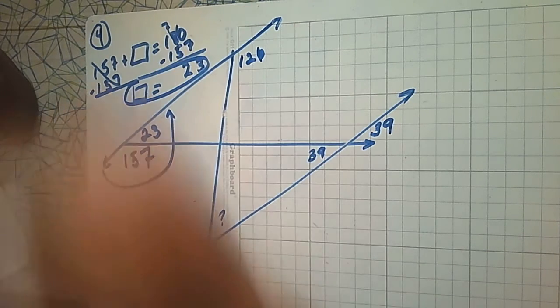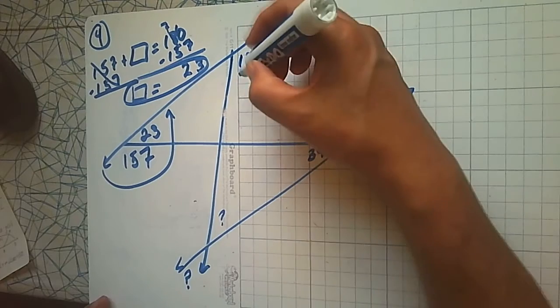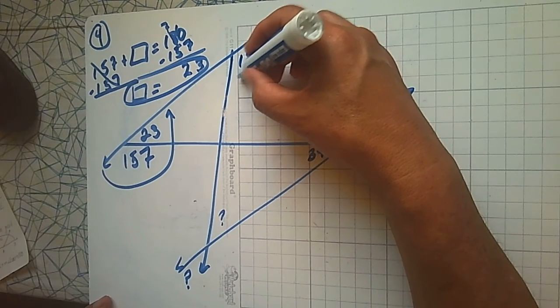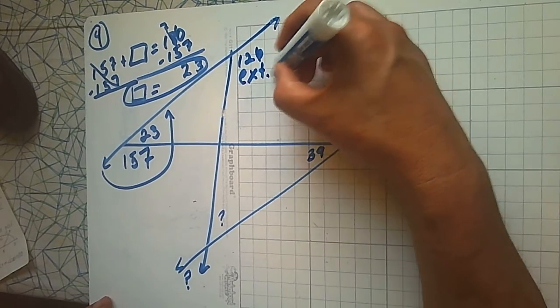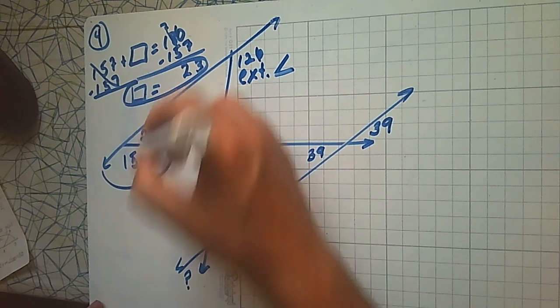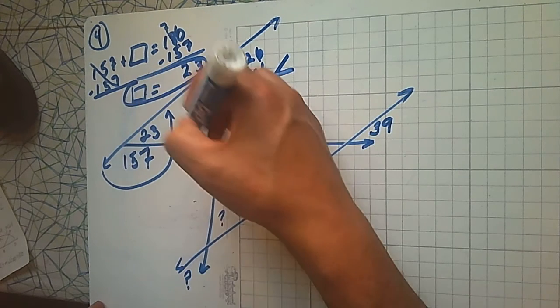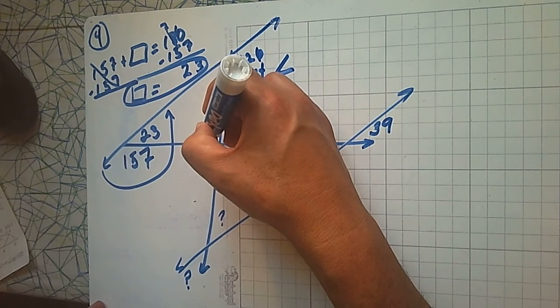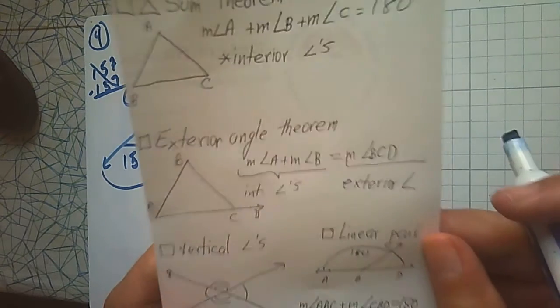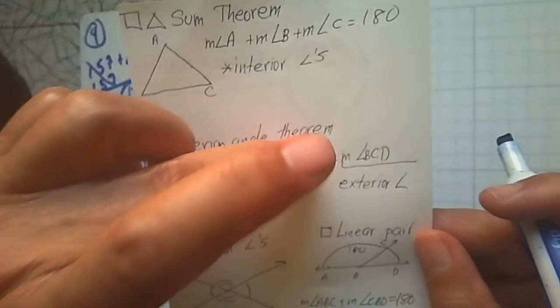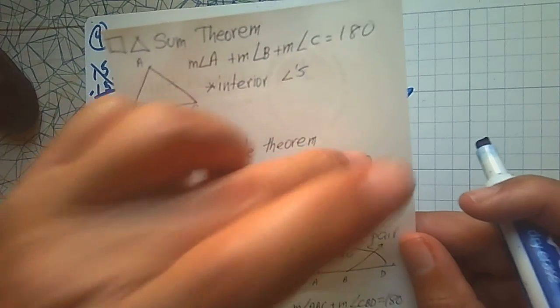Now, this will be known as an exterior angle because it's outside the triangle. And this will be an interior angle, and this will be an interior angle. So, if I use the exterior angle theorem, the sum of the interior angles will be equal to the measure of the exterior angle.